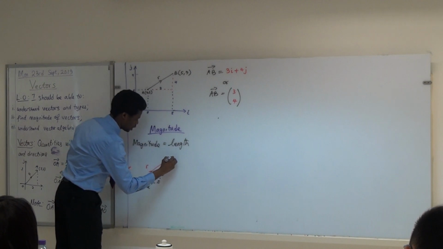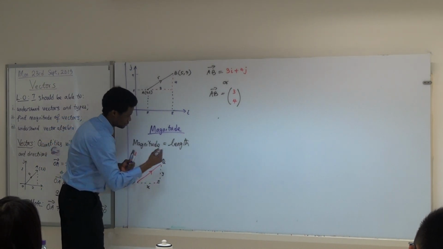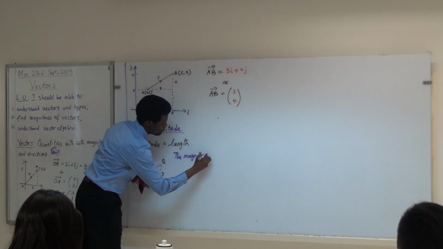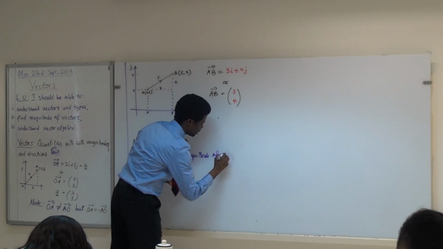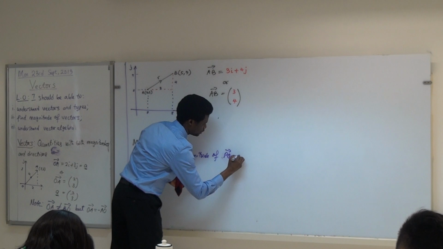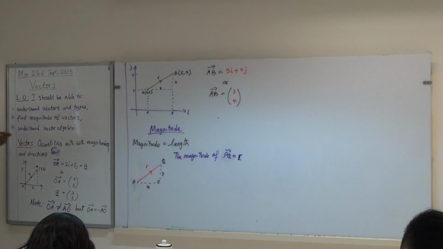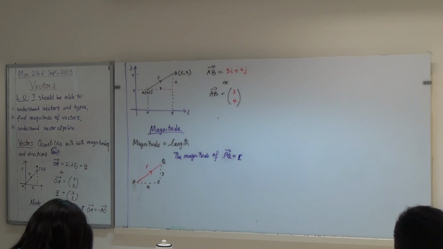So the magnitude of this vector R, write please quickly, the magnitude of PQ, which is R. I underline it because I can't write bold print on the board, but usually it's bold print.